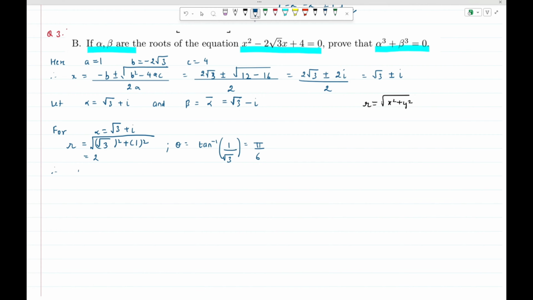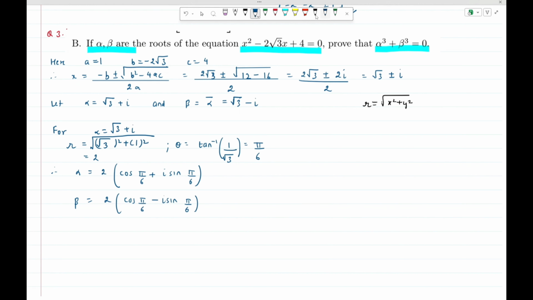So we can say that alpha in its polar form is going to be 2 times cos of pi by 6 plus i times sine of pi by 6, while beta, which is the complex conjugate, is going to be 2 times cos of pi by 6 minus i times sine of pi by 6.